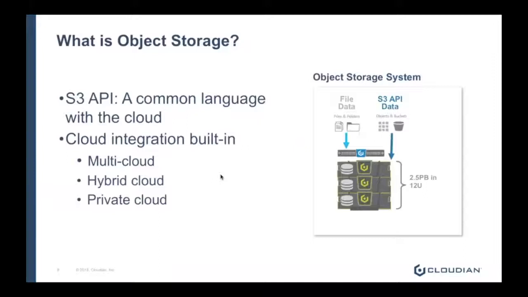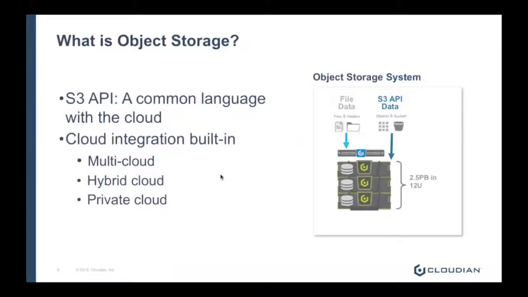So S3 is one big reason for having an object storage platform. It's the same storage type as you find in the cloud. They're managed the same way. They use the same concepts, such as the concept of buckets for holding data as opposed to file folders. And they speak the same language, the S3 API.